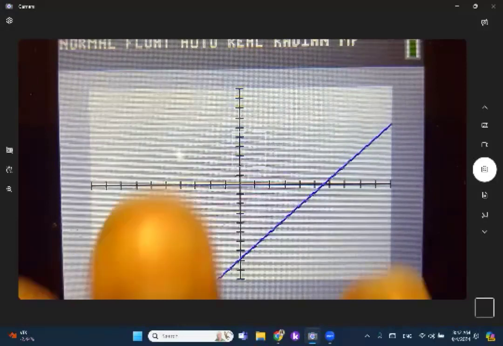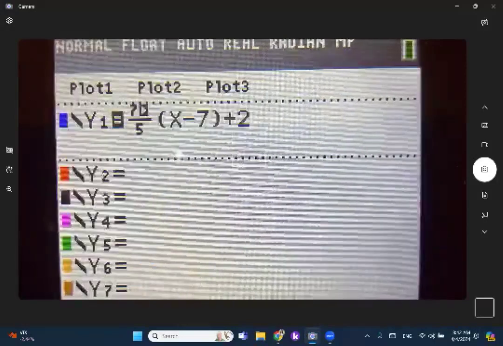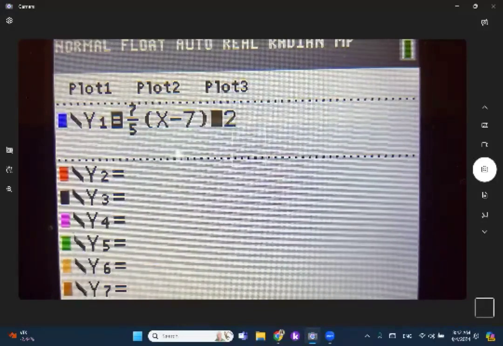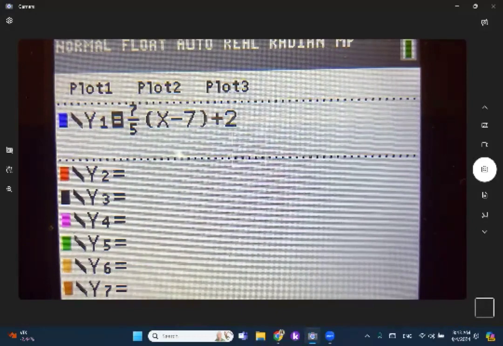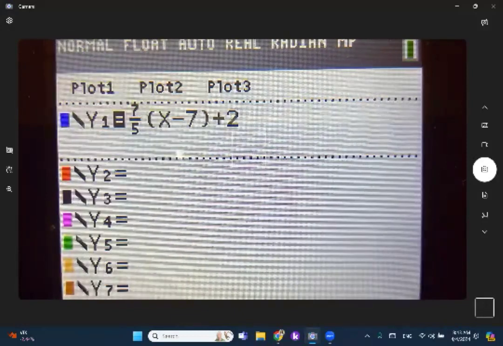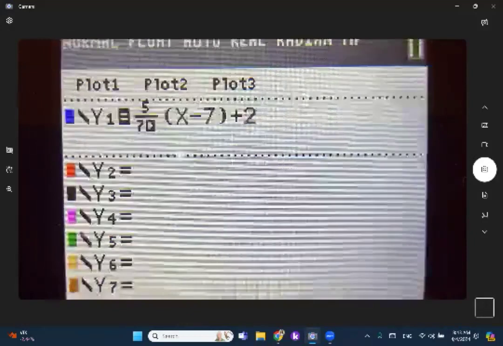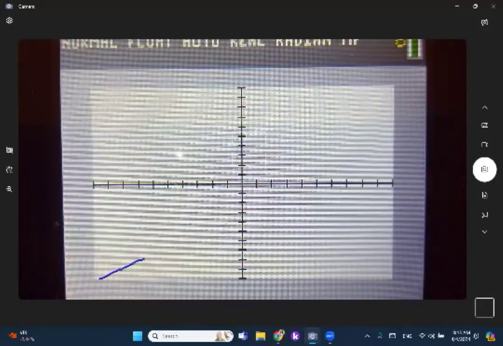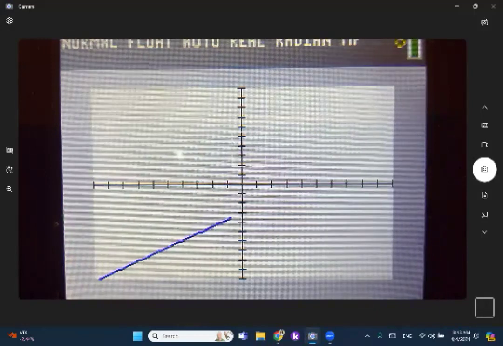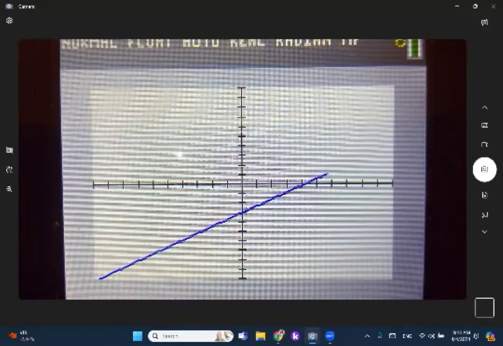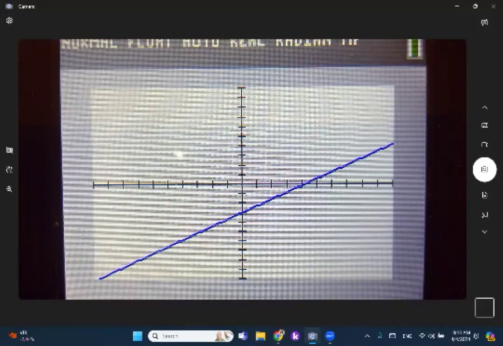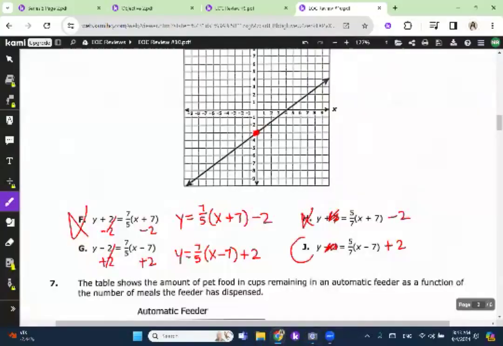So definitely not G. If we change that +2 to a -2, found it. It was J. It's still +2, but it's 5/7 instead of 7/5. And there we go. Crossing at the 3. So your answer is J.